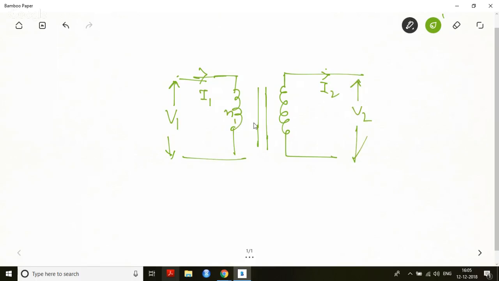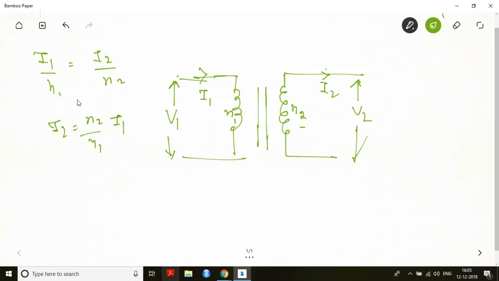Suppose the number of turns in the coil is N1 here and N2 here. So I1 by N1 is equal to I2 by N2. So I2 is N2 by N1 times I1.